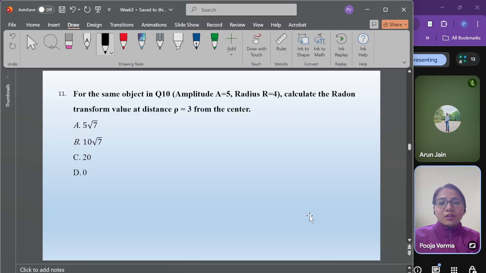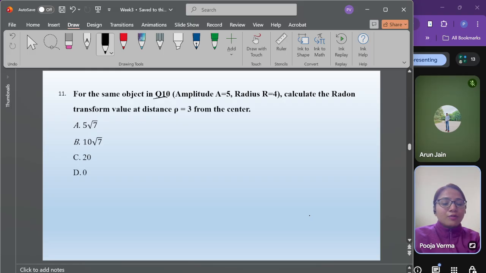Now, the next question is related to the previous one. For the same object, that is question 10, a circular object is there. Let's say amplitude A is equal to 5, radius R is 4. Now we need to calculate the Radon transform value at distance rho is equal to 3 from the center.